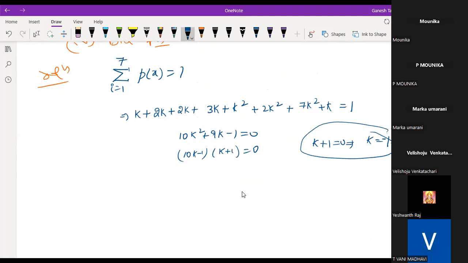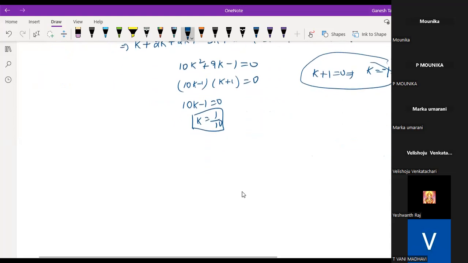So only one case is valid, that is 10k minus 1 equal to 0, that is k is equal to 1 by 10. This is the only valid one, because whatever the k value, it must lie between 0 and 1 only. It should not be greater than 1.